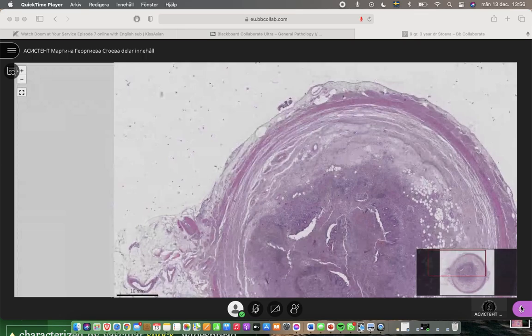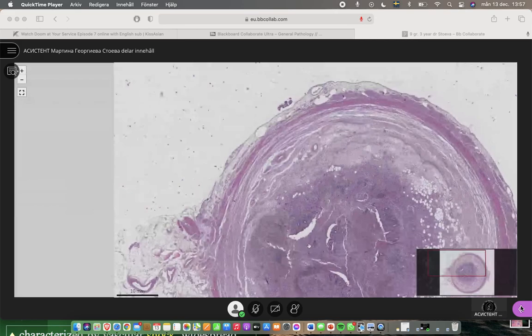So here, this diffuse infiltration by neutrophils shows us that the inflammation is acute, and it's also diffuse because it involves all of the layers of the wall. So finally, we can call it phlegmonous appendicitis.